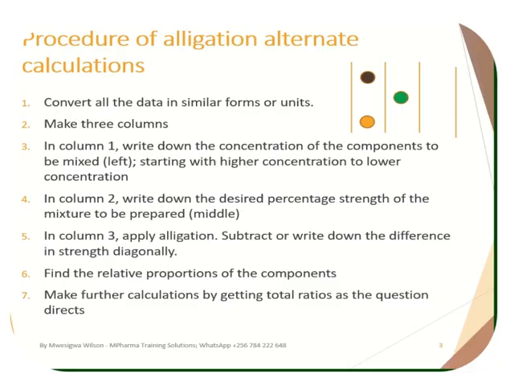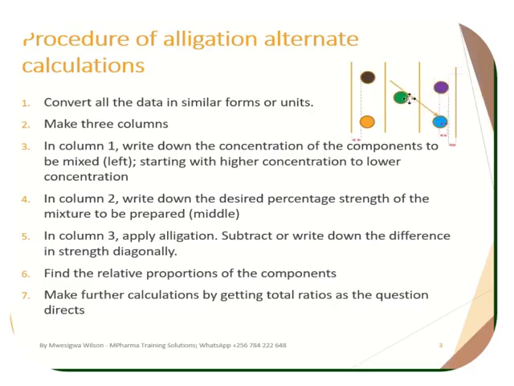So apply alligation, subtract diagonally. What does this mean? Subtract this from this, you get a product for this here. Subtract this from this, you get a product for this here.